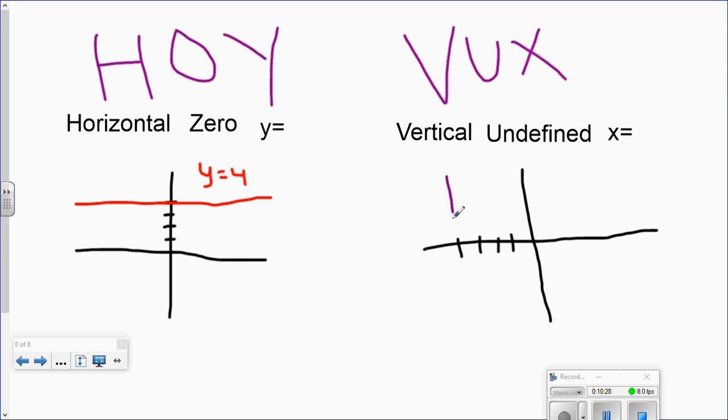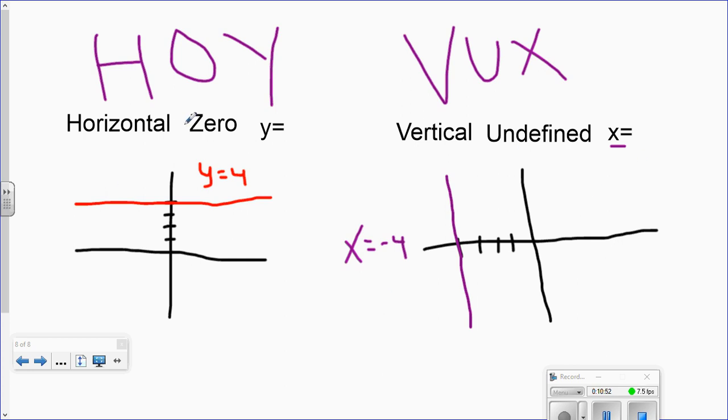If I draw a line through here, then this equation is x equals, because it crosses the x-axis, so x equals, and where does it cross? At -4. So it's a vertical line, has an undefined slope, and equation x equals.